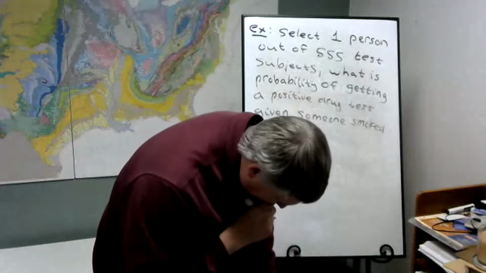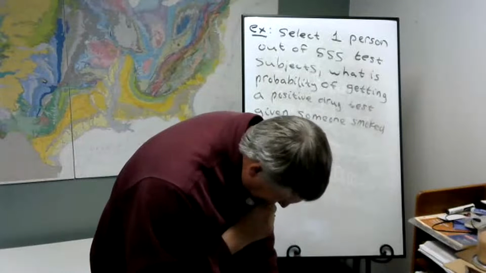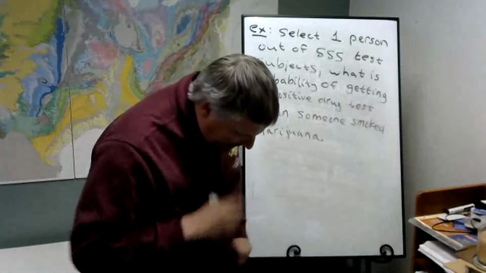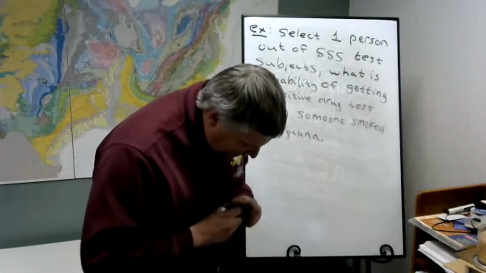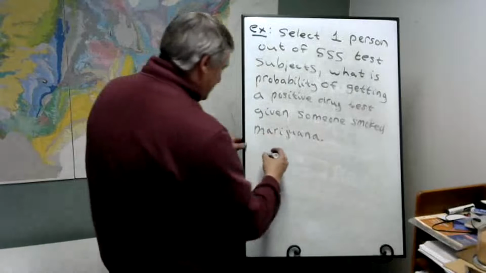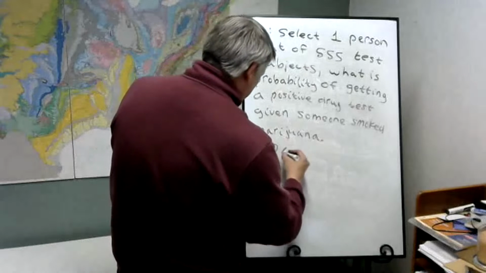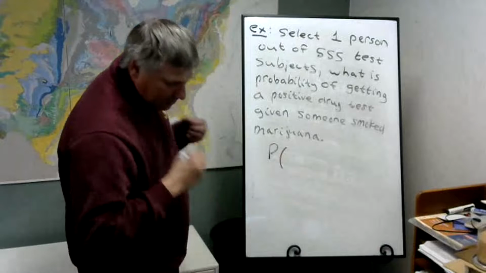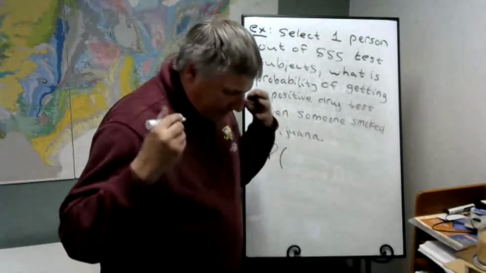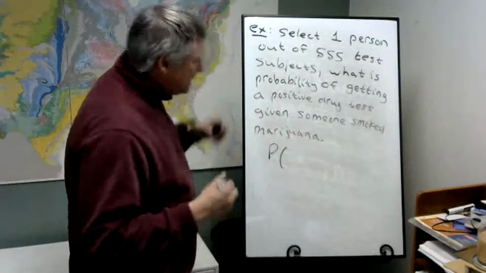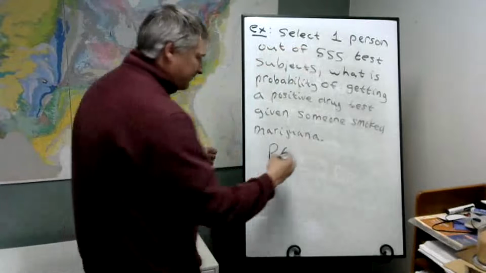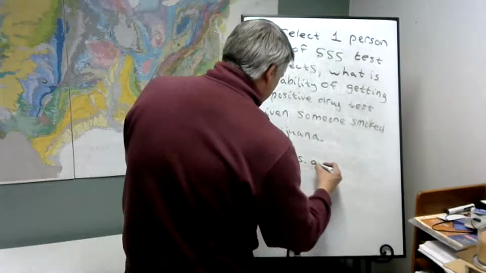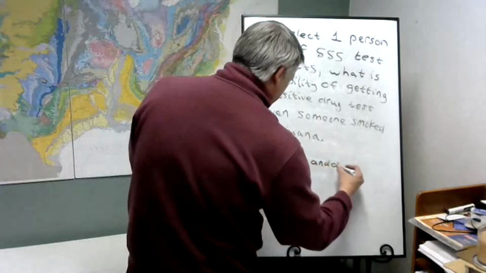So there's some data. This is an example in the text, and they give us some information here. So let's say we do know this. The probability of someone using drugs and having a positive test. So in this group of 555 people, say positive and drugs.